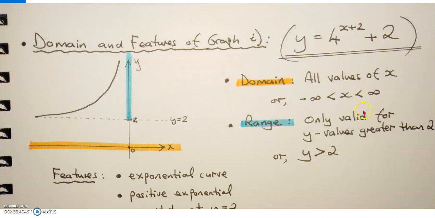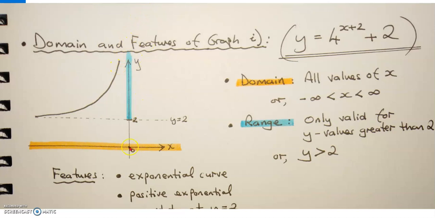Now, if you want to talk about the domain of the graph, what you're really doing is you're saying, for what values of x is this graph valid? Or let's put it a different way. For what values of x can this graph be drawn? Well, it doesn't matter that we can't see the top of this exponential graph. It goes on and on and on.